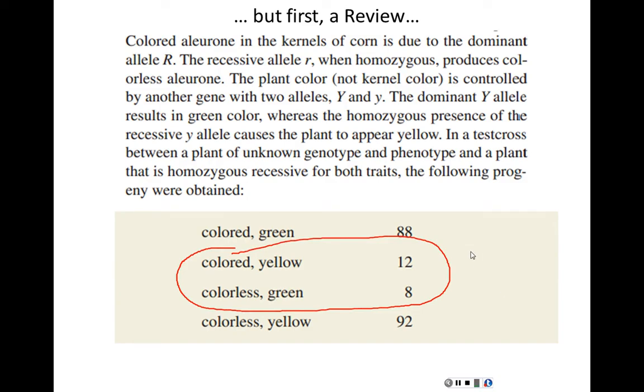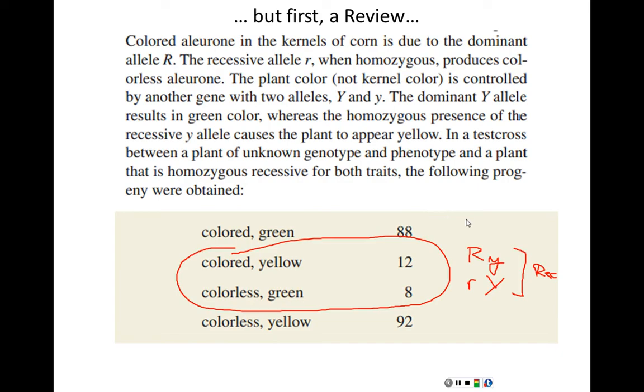So colored is big R, and yellow is little y, and colorless is little r, and green is big Y. These are the recombinants. And then I know the other patterns are the result of no recombination.